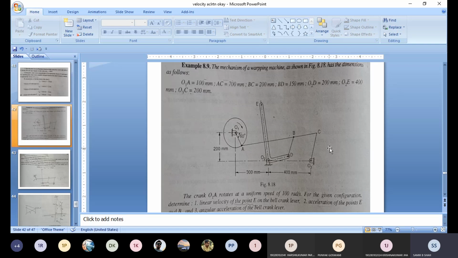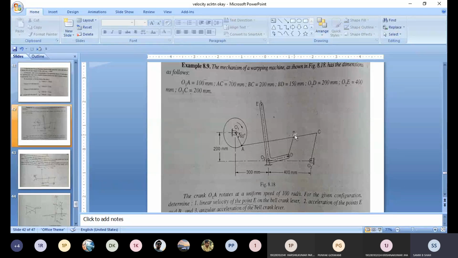Now, as we see in the figure, BC is given to you, where BC is equal to 200 mm. So from C take 2 centimeter, so we get point B. After getting point B, we have the dimensions of BD and O2D.